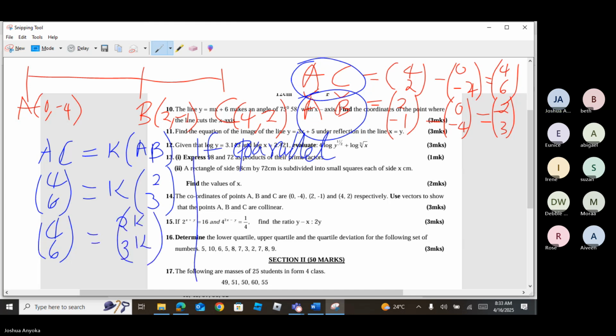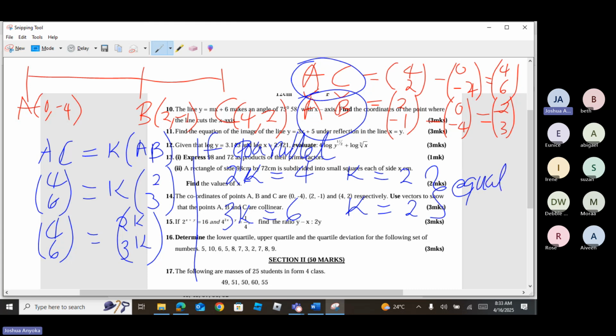So 2k is equal to 4, so k is equal to 2. And 3k is equal to 6, so k is equal to 2. If these values of k are equal, it means we can comfortably say that vector AC is equal to 2AB.